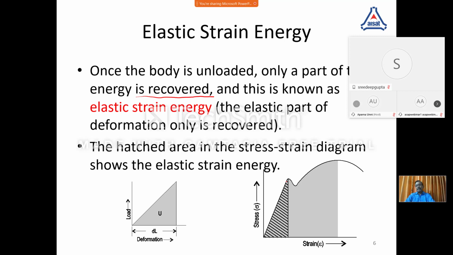The deformation and load, or stress and strain, are proportional, and we can have a linear stress strain curve, or the load deformation curve will be a linear one. In that case, we can say it is a linearly elastic body.